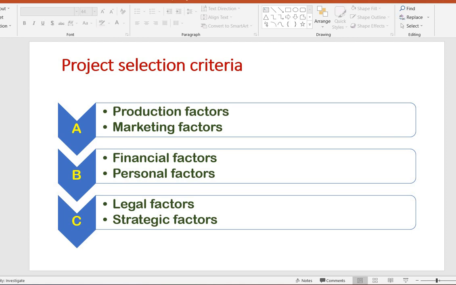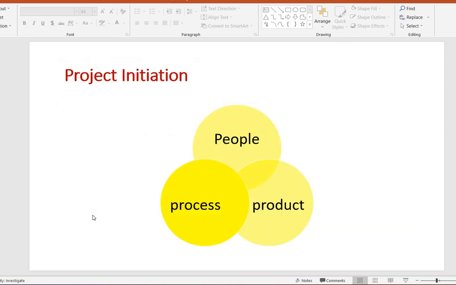So these are some of the factors which are associated with project selection criteria. Altogether, in the beginning itself, identify initial requirements when we talk about the project, then validate them, identify a framework for the solution, prepare required reports or some sort of statistical analysis, and do that appropriately.